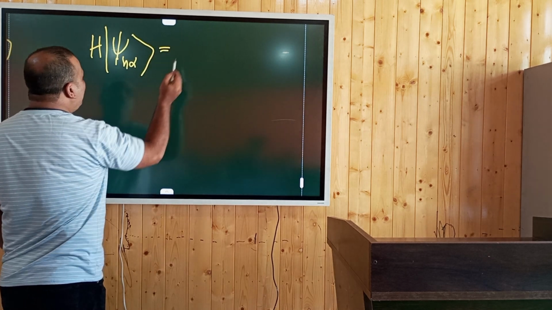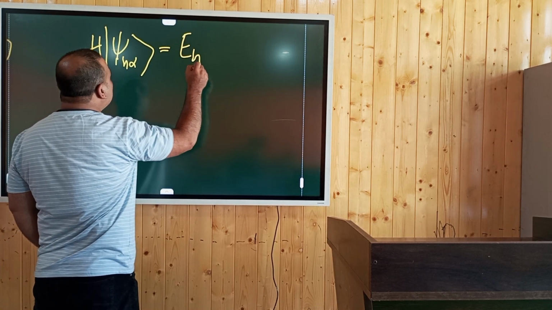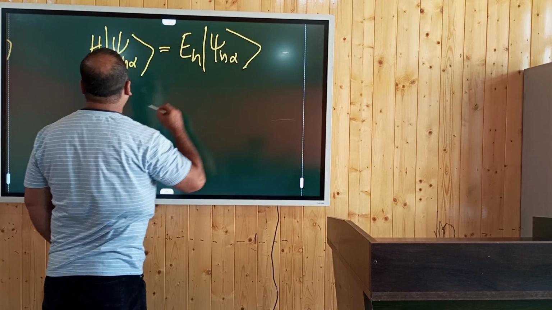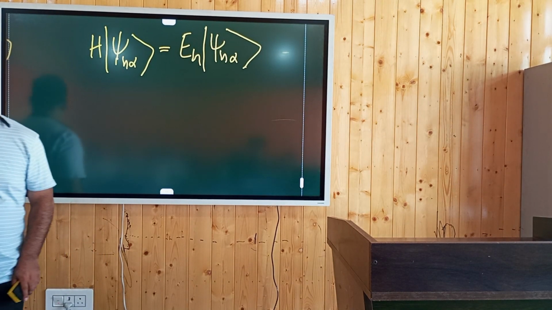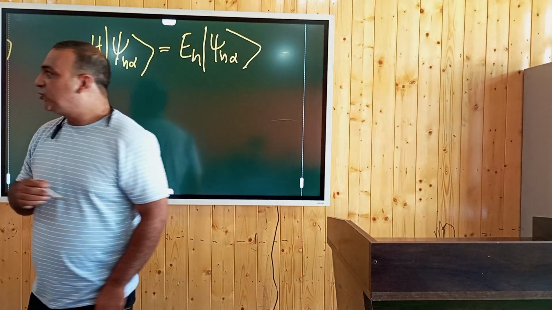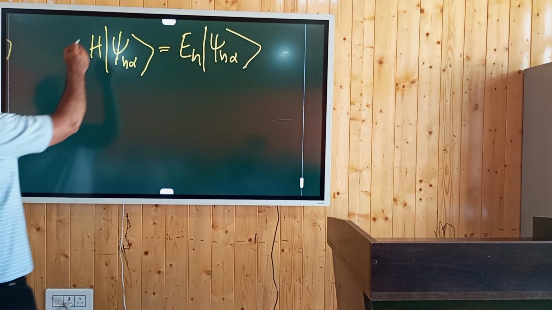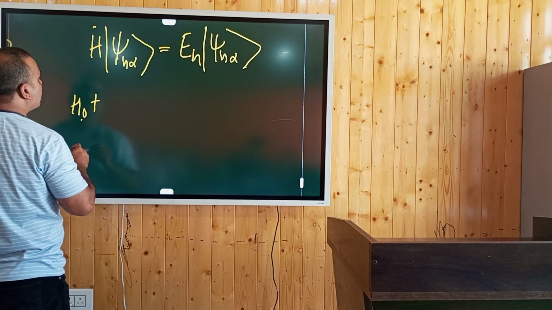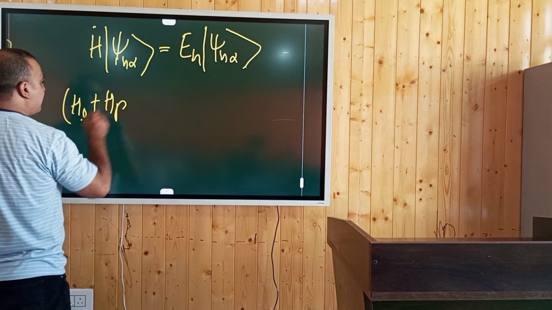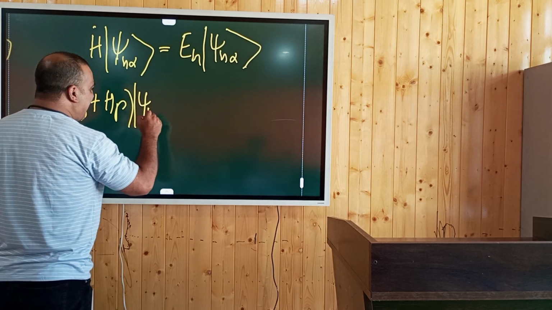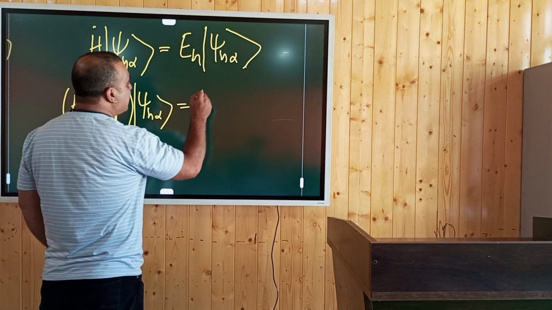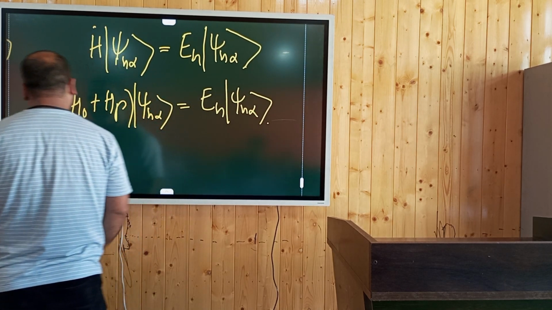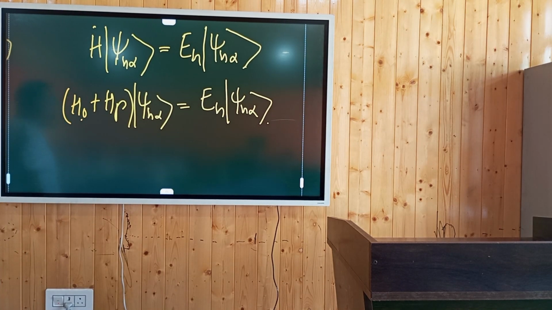And from here, we are expecting the energy eigenvalues, and we have psi n alpha back, because this Hamiltonian is assumed to be a Hermitian operator. Right? So for H, what can I write? For H I can write H naught plus HP, acting on psi n alpha, equals En psi n alpha. Am I right? Is it right? Come on, any questions?